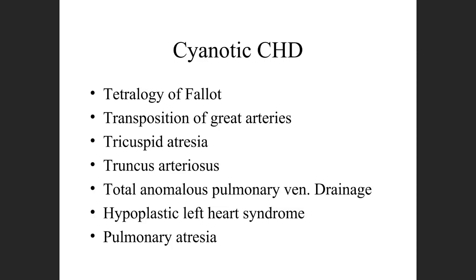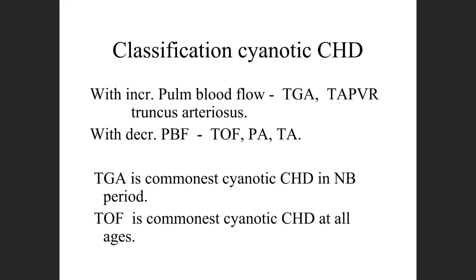Hi, morning, doc. What does TAPVR mean again? Total anomalous pulmonary venous return. So it means that the oxygenated blood flowing from the pulmonary vessels and the pulmonary circulation would not return via the pulmonary veins into the left atrium, but would usually return to the right atrium or the right side of the heart.